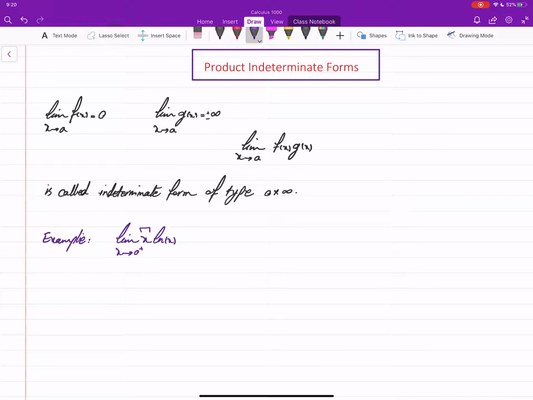The limit of ln x as x approaches 0 plus is negative infinity. So this is an indeterminate form of type 0 times negative infinity, and let me write negative infinity just to emphasize it.